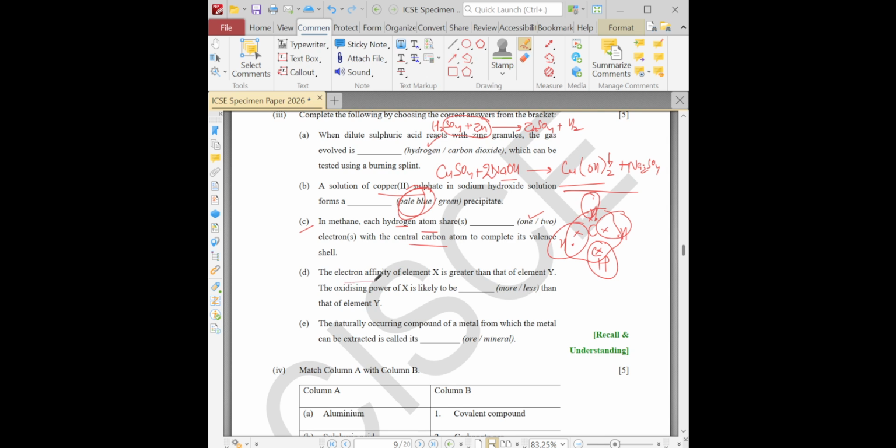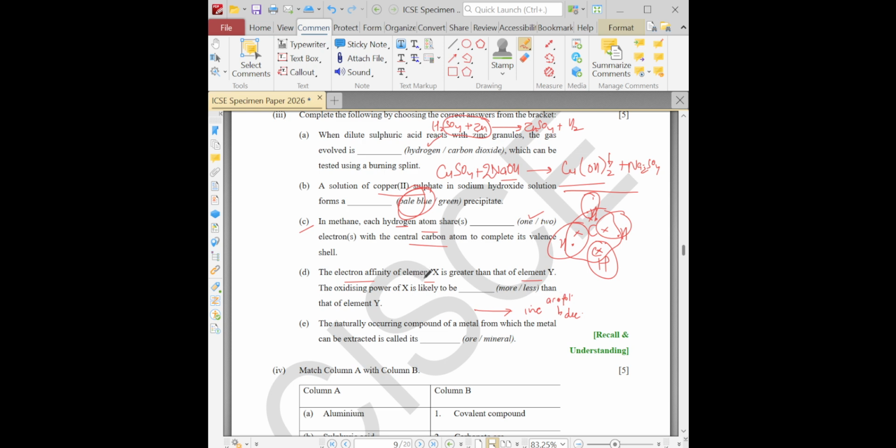Then, the electron affinity of element X is greater than that of element Y. Now you have to understand what the trend is. When you move left to right, electron affinity increases, top to bottom decreases. When it is increasing, that means it is not going to give electrons, it will have a tendency to accept electrons.